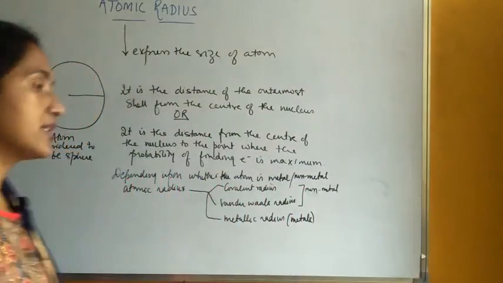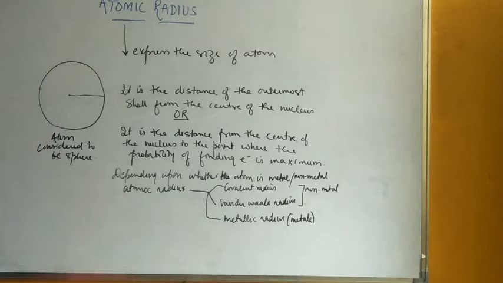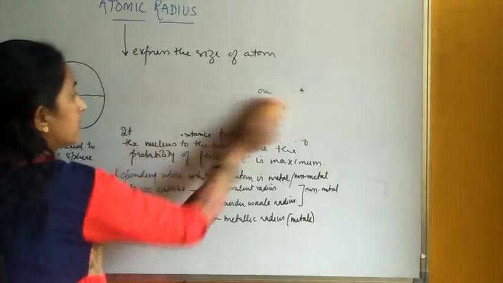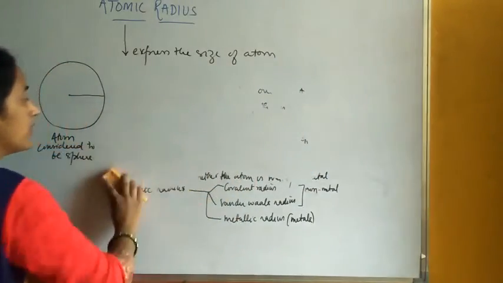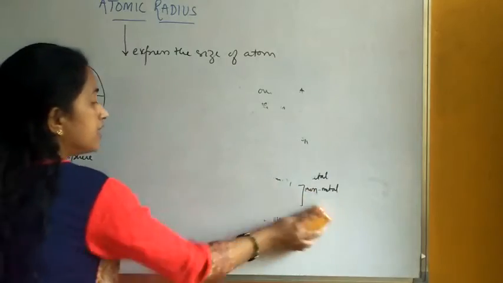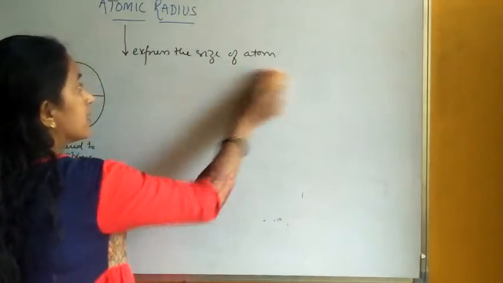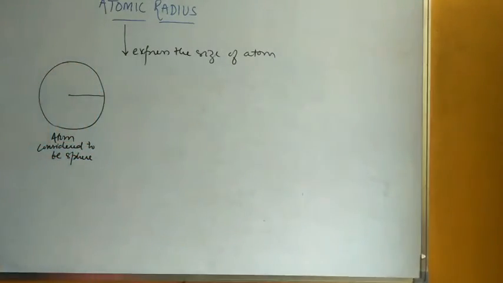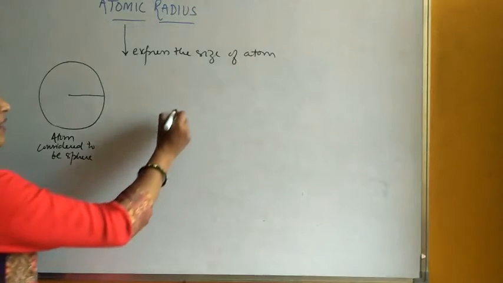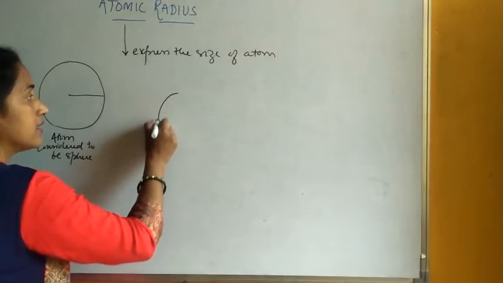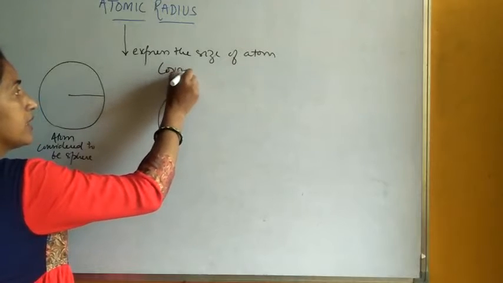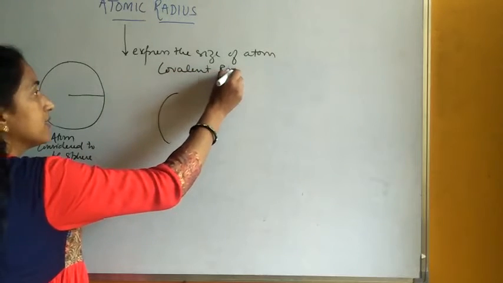Now let's discuss the covalent radius, how this covalent radius will be formed or how we are going to take it. So we are talking here about the covalent radius.